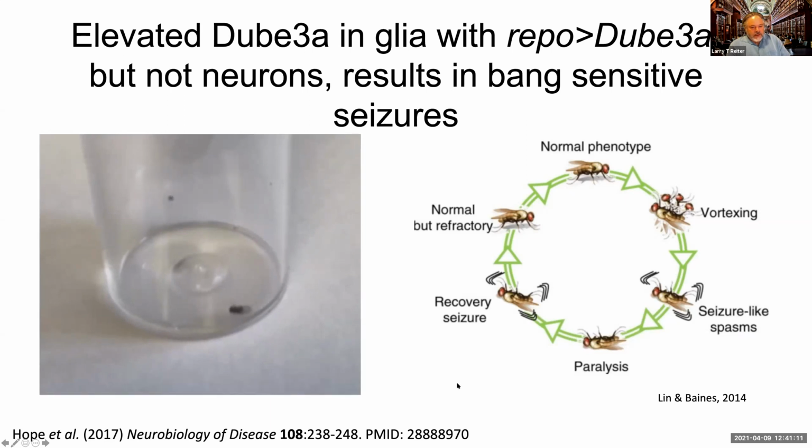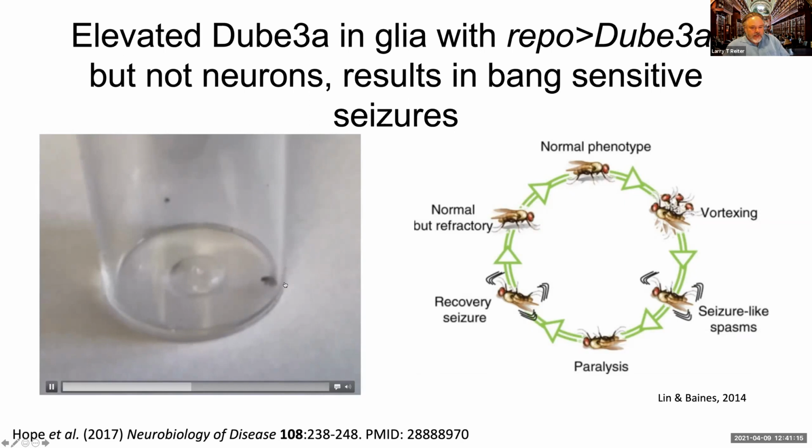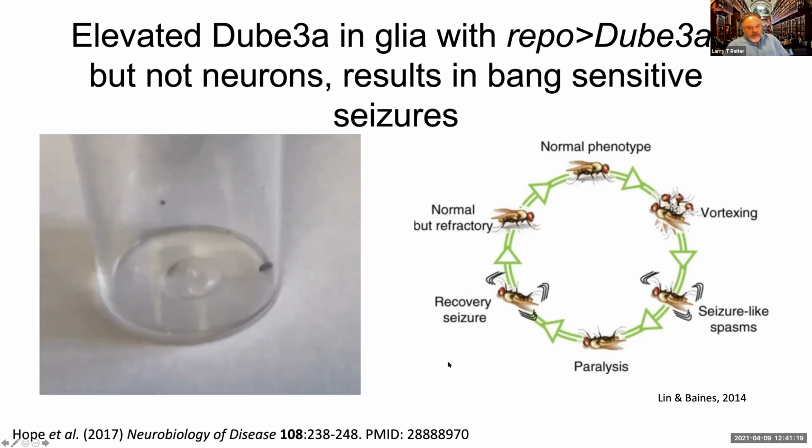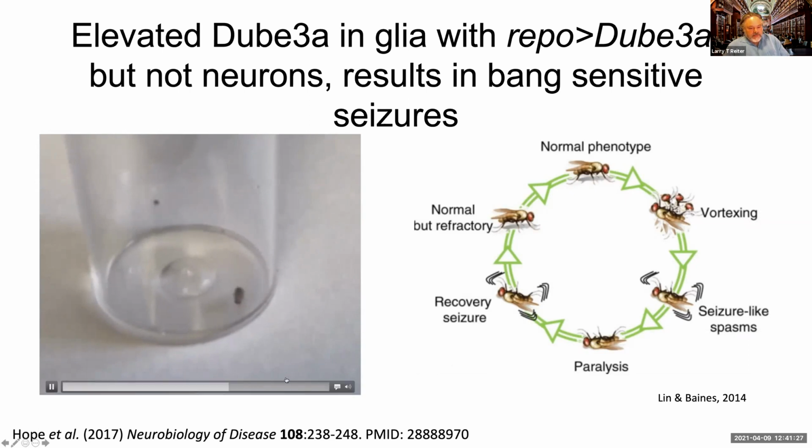What you'll see is uncontrolled wing movements. See, the fly is trying to fly, sort of, but it's really just having uncontrolled wing spasms. It's not really flying. And then it's going to knock out again. It's going to turn over. Eventually this fly will have a recovery seizure and will start to try to get up.